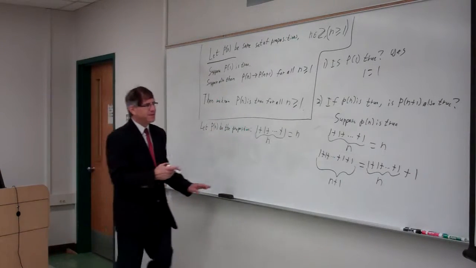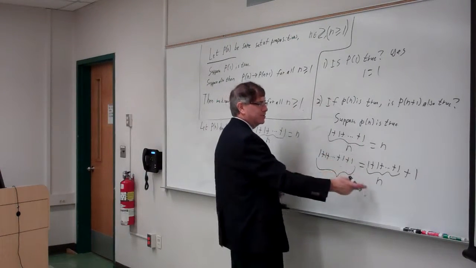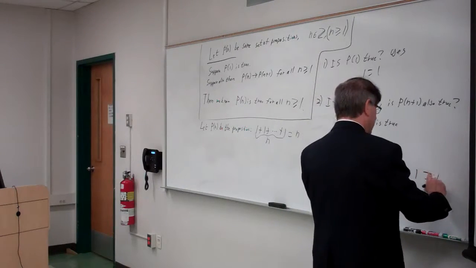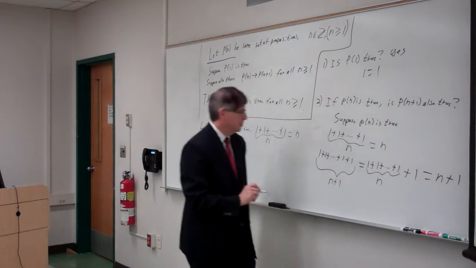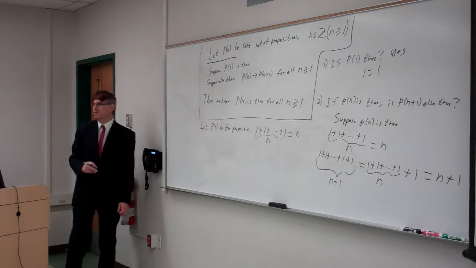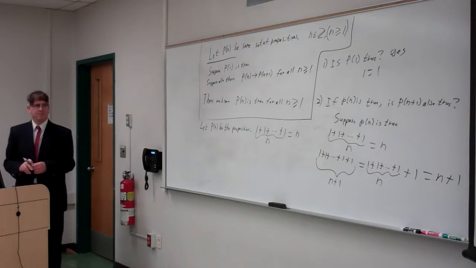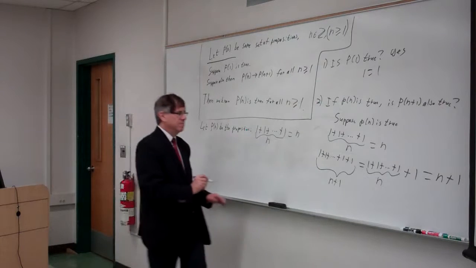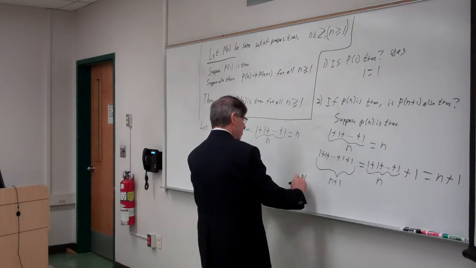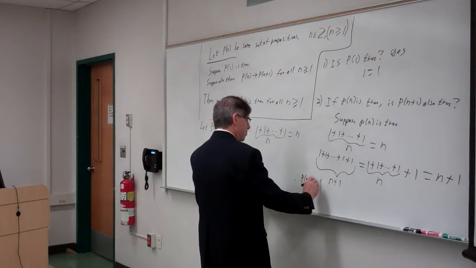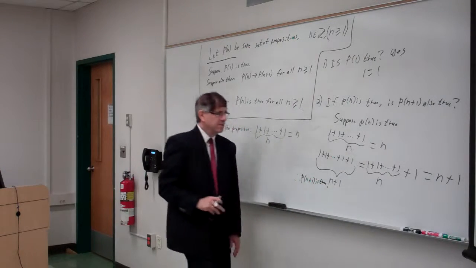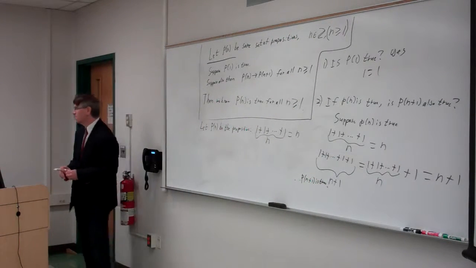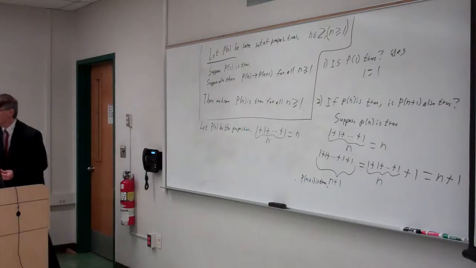And because P of n is true, we know that adding n ones is equal to n. So the sum of n plus 1 ones is just n plus 1. And so we've proven that P of n plus 1 is true if P of n is true.